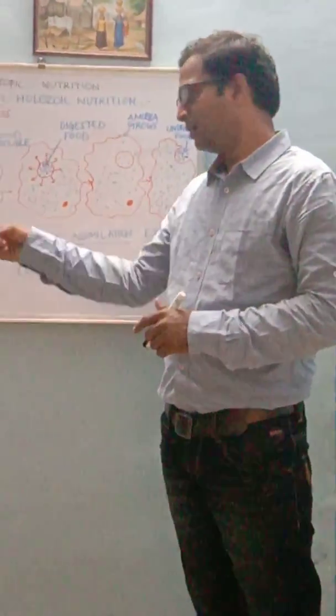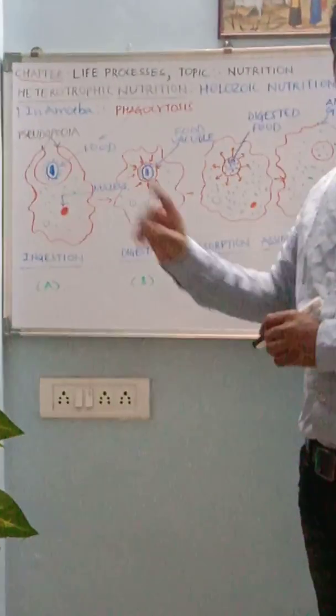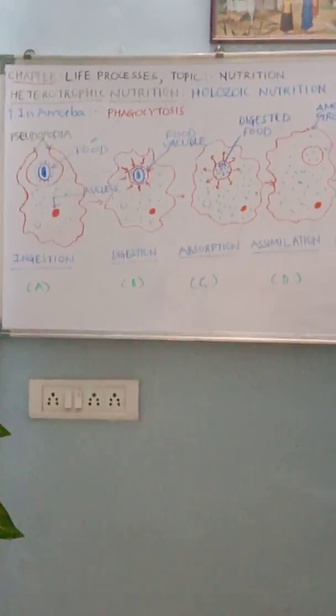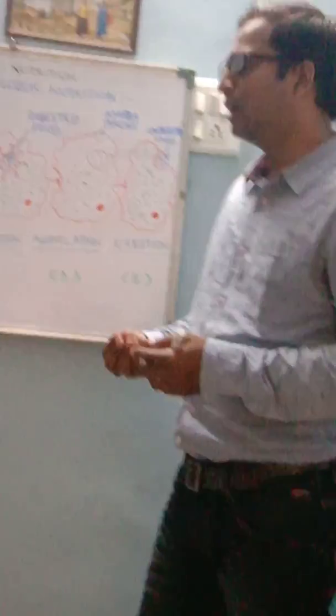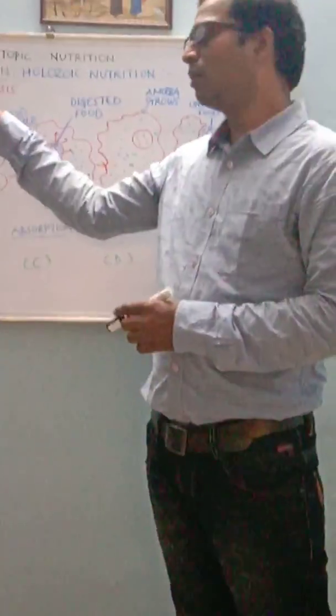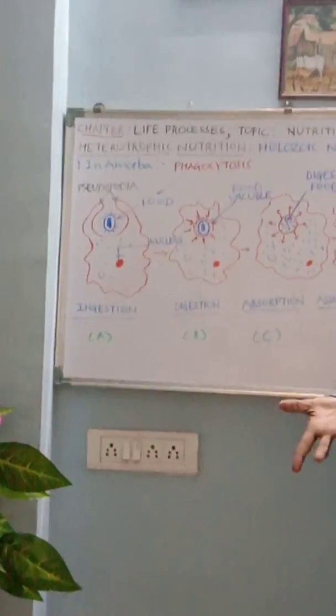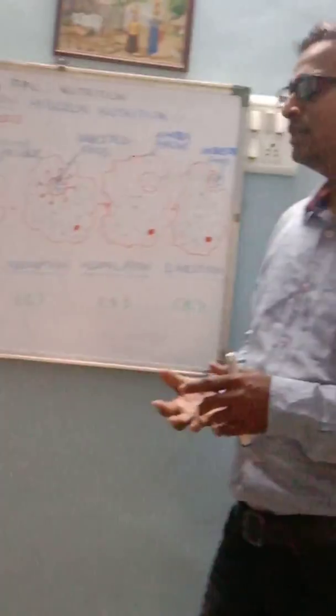Now what does it mean? So let's begin with the first step, ingestion. Ingestion is nothing but the process of taking food in mouth or the process of taking food in body, because not necessarily that all organisms will have mouth. When you talk about amoeba, amoeba is a small microscopic organism that lives in the water, feeds on small plants or small microscopic organisms.